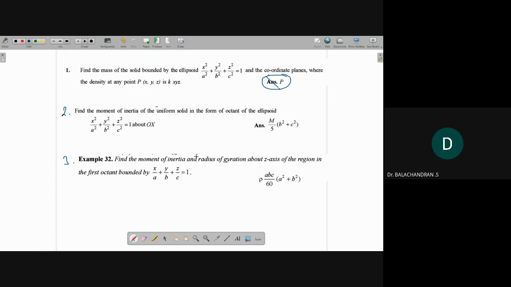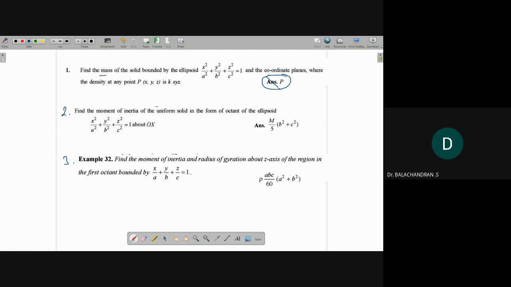And find the moment of inertia and the radius of gyration about the z-axis. Actually, radius of gyration is not in the syllabus, but I will tell you the formula for radius of gyration also, so you can easily do it. First we will try problem number 1.